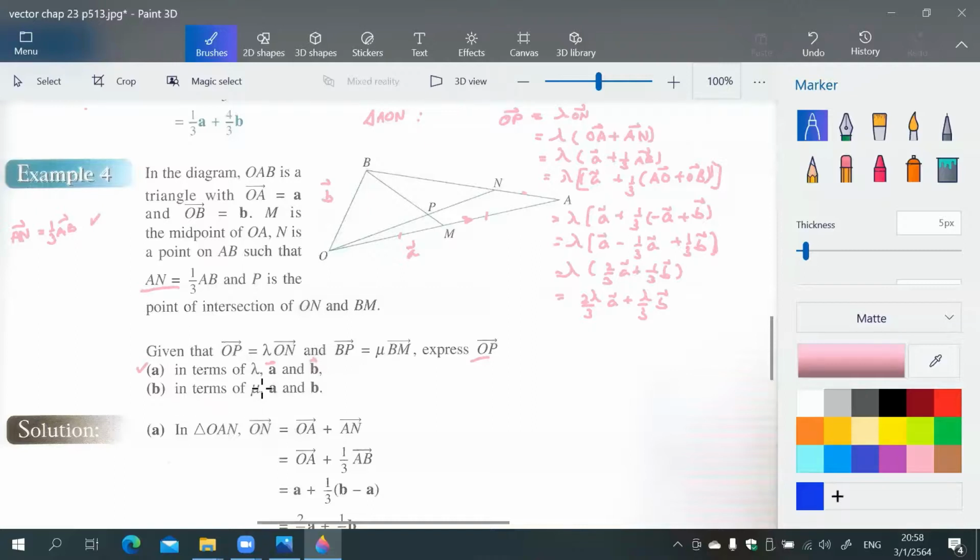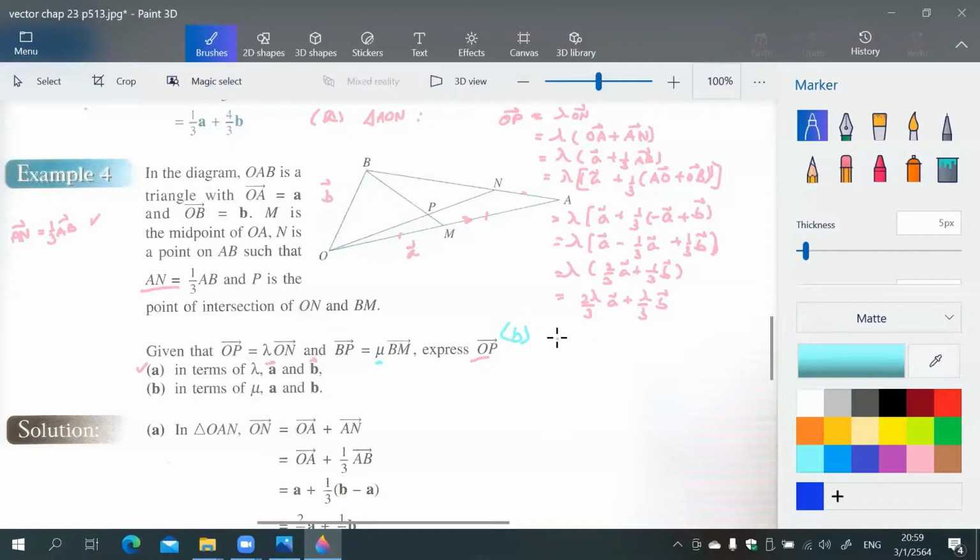Now we go to question B, in terms of mu and vector A and vector B. So this one was question A, okay? Now we go to question B, because we want to find OP in terms of mu.